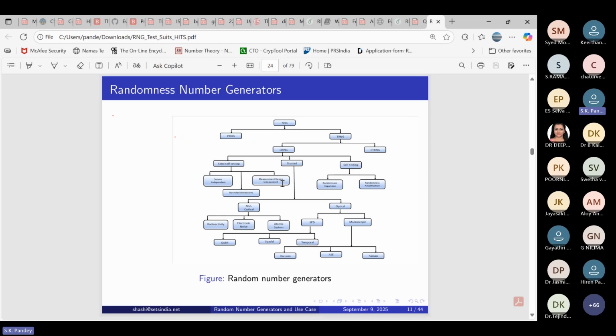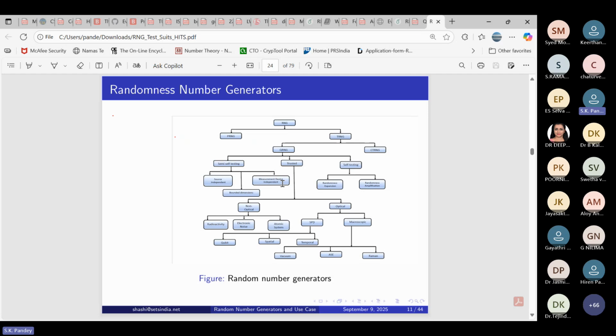You already know the mathematical logic, you already know how long it will go before it repeats, and based on that you can confidently tell that this will generate a sequence which has no existing pattern till that much length. That's well known; by design or by knowing those key factors you can tell their randomness.